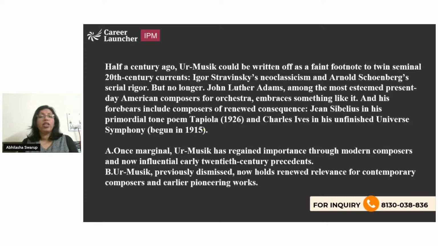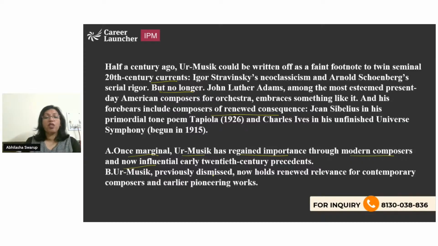All right, now if you look at this set, he has said that half a century ago, Ur music could be written off. So it was not important because there were two very important currents that were going on. But now, no longer. Okay, so let's take a look. Once marginal, Ur music has regained importance through modern composers and now influential early 20th century precedents. Okay, they are now influential, correct. Renewed consequence. So, yes.